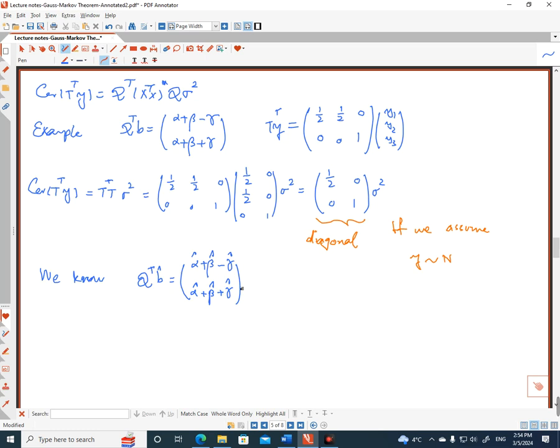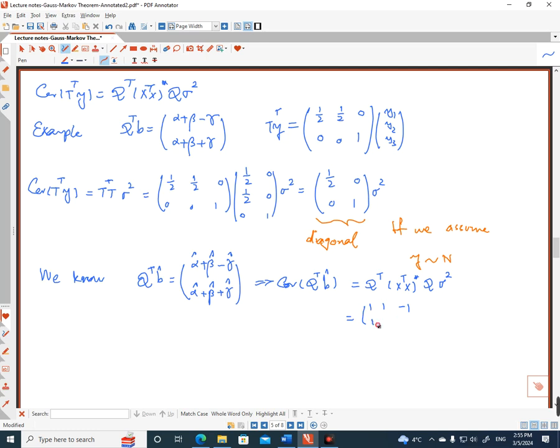And then the covariance of this best estimator is given by Q prime X generalized inverse Q sigma square according to the theorem. If I write Q prime, it is 1 1 minus 1.